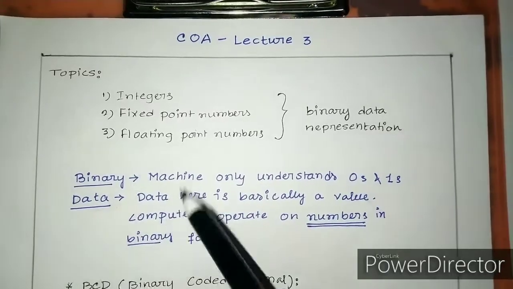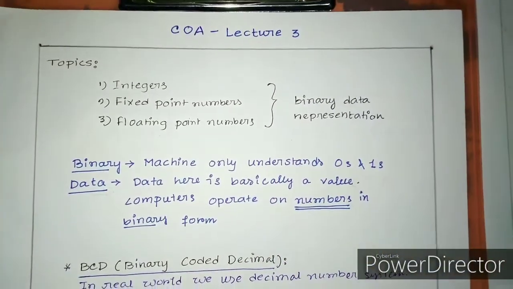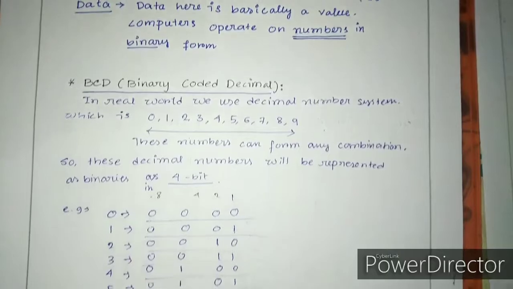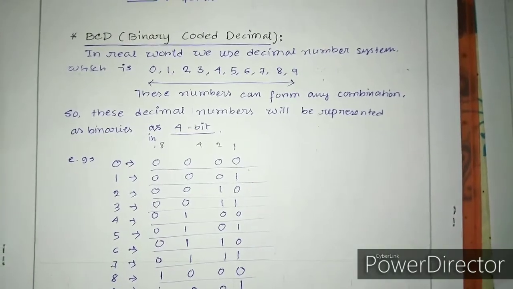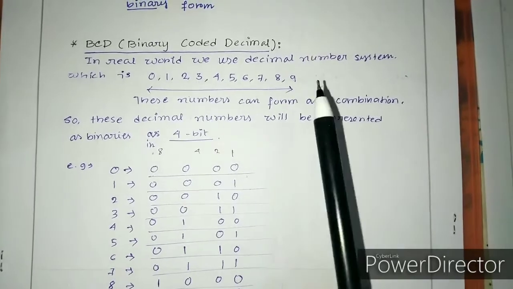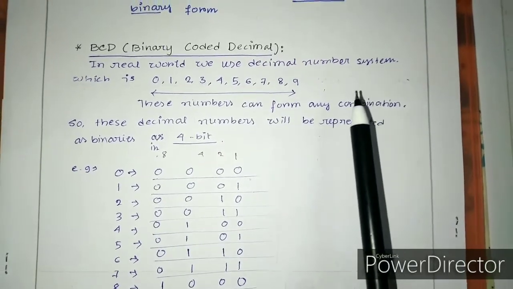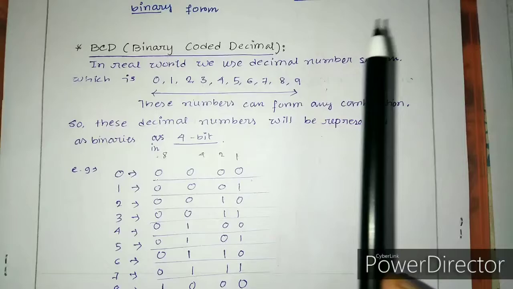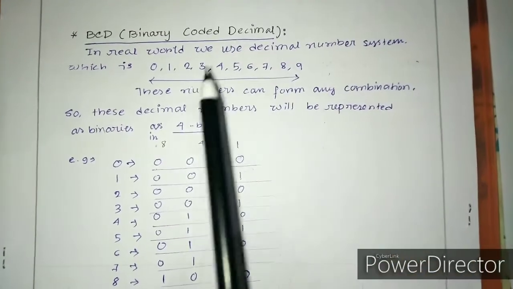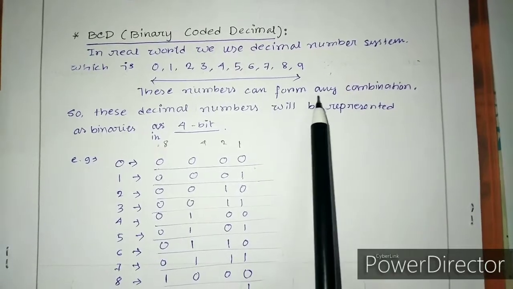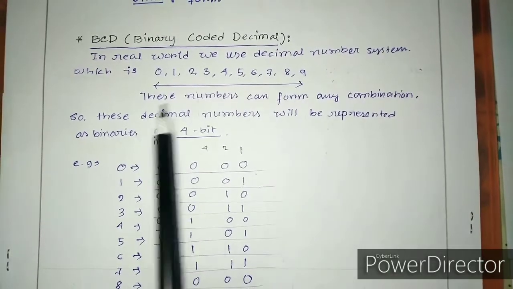Before landing on these two main topics, I want you to know about the BCD number system, binary coded decimal. In the real world we use the decimal number system. What is it? The 0 to 9, the 10 numbers are called the decimal numbers. With the help of these 10 numbers, we can produce any combination.